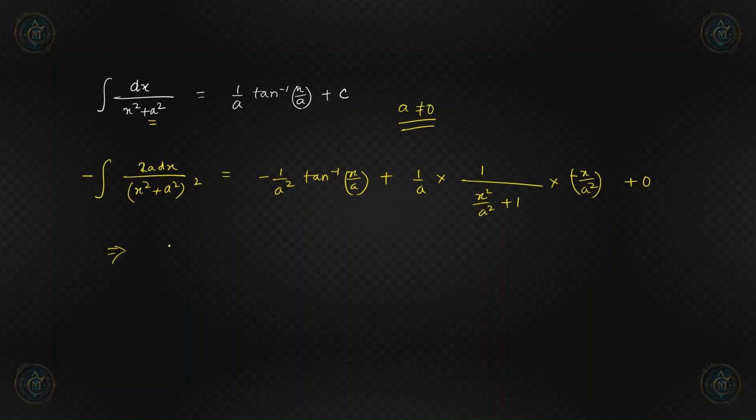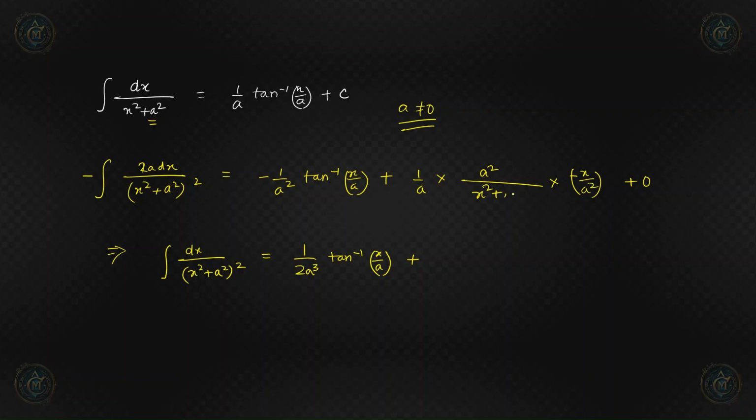We get the integral of dx divided by (x square plus a square) whole square is equal to, if we take this 2a on the right hand side, 1 by 2a cube tan inverse x by a, plus this will be, if we simplify this, x square plus a square divided by a square, so a square will be in the numerator.